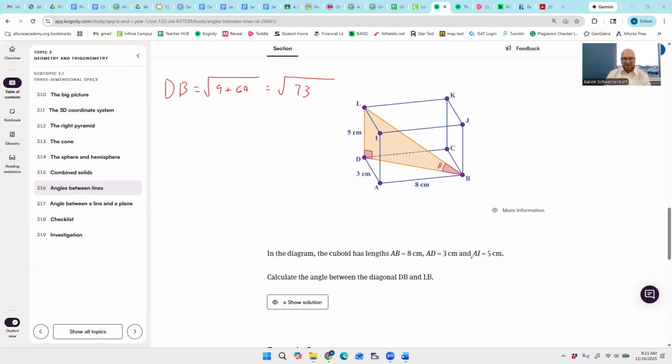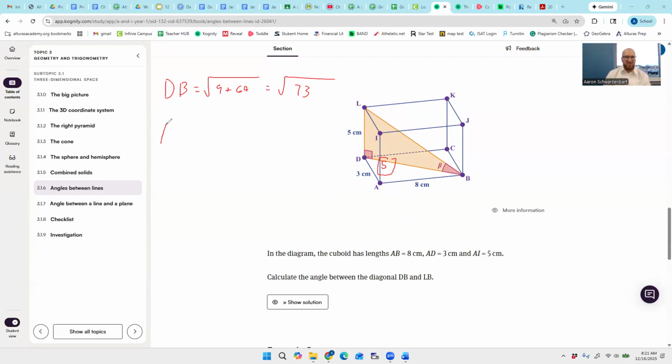Interesting that they labeled this AI. I suppose what they actually told me here was this front side is 5, which would also mean that that one's 5 because it's a rectangular prism.